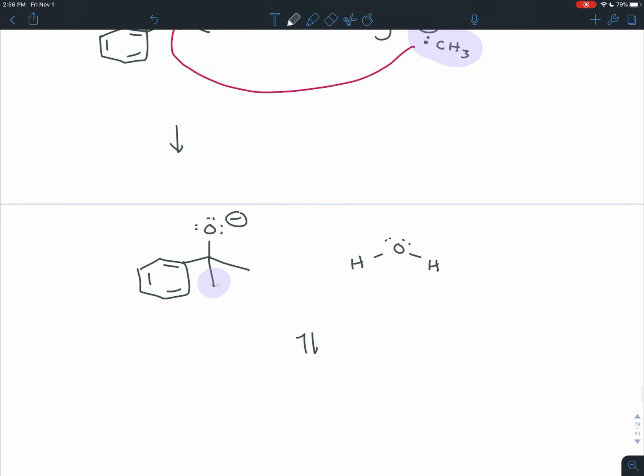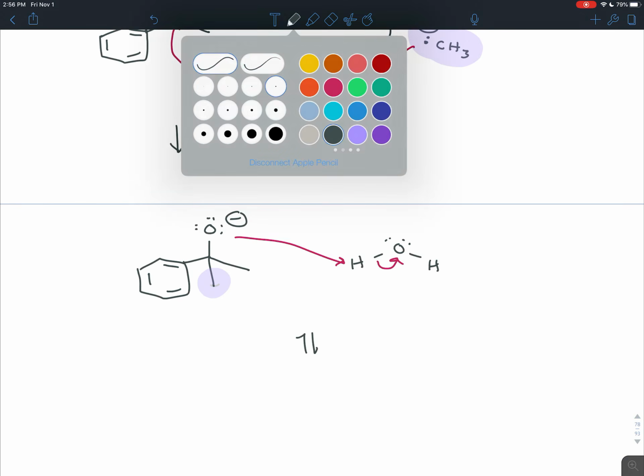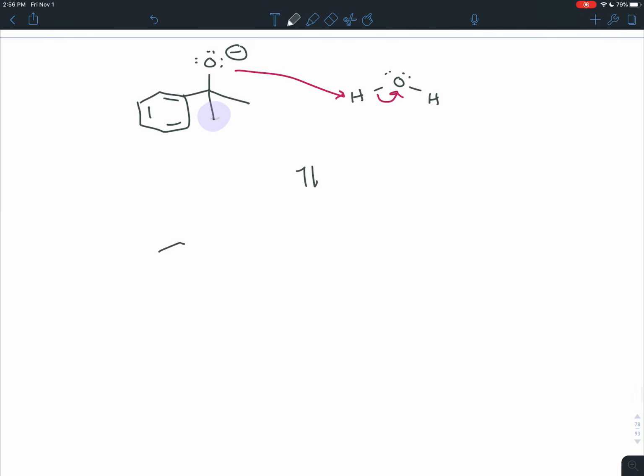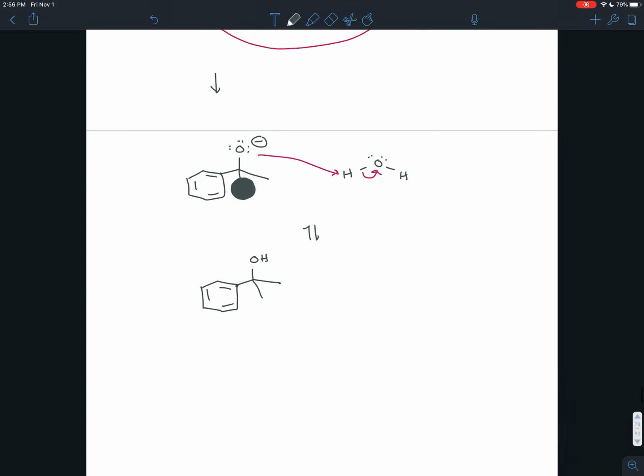The negative oxygen can attack one of those slightly positive hydrogens. Okay, so this is what we get following our reasoning so far. And it's definitely close to what we wanted.